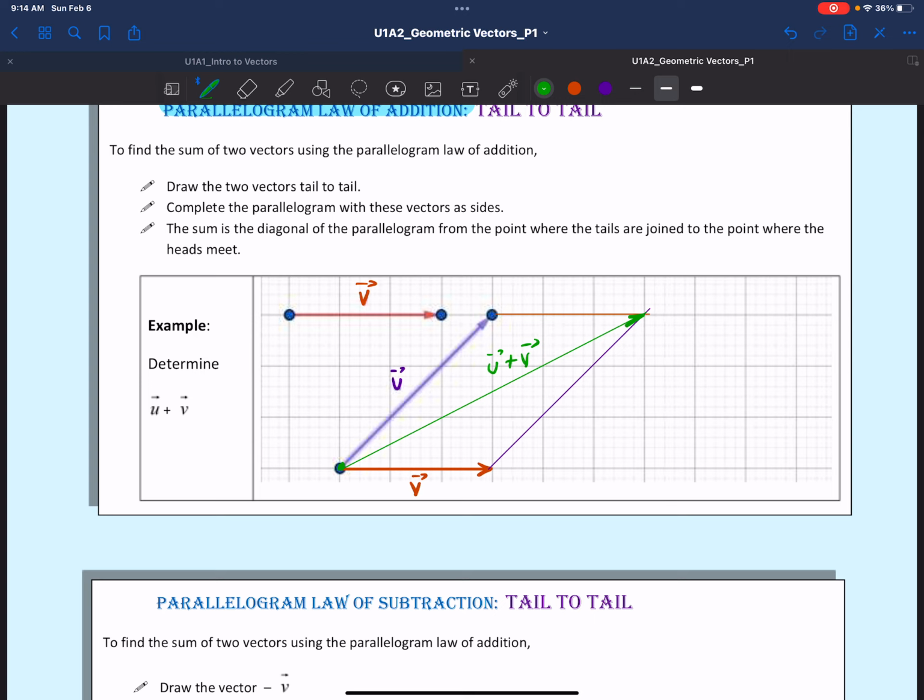So let's give it a try by using the triangle law of addition. I'm going to start off with drawing the vector u. And at the head of vector u, I will place the tail of vector v.